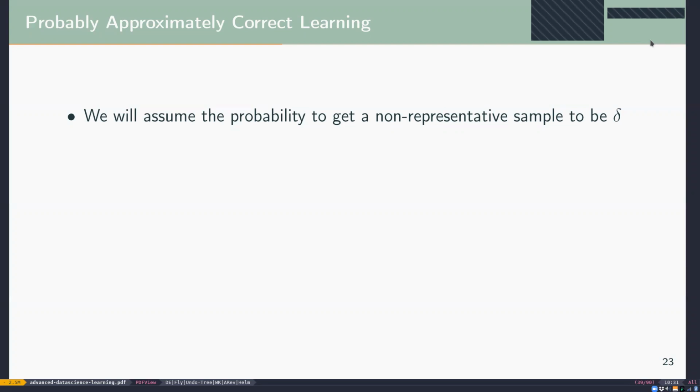So what they do is that they say, we will make an assumption that we are going to get a non-representative training data set with probability delta. Okay, so that means that if my sample set is actually representative, then I can say 1 minus delta is the confidence I have in my prediction. Okay, so we're going to specify this.